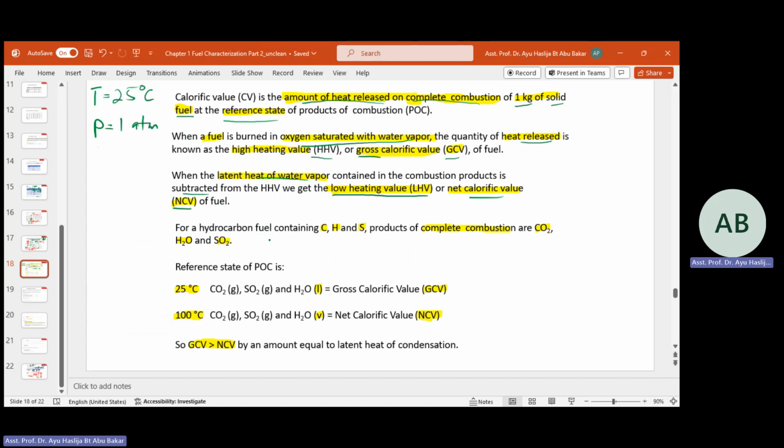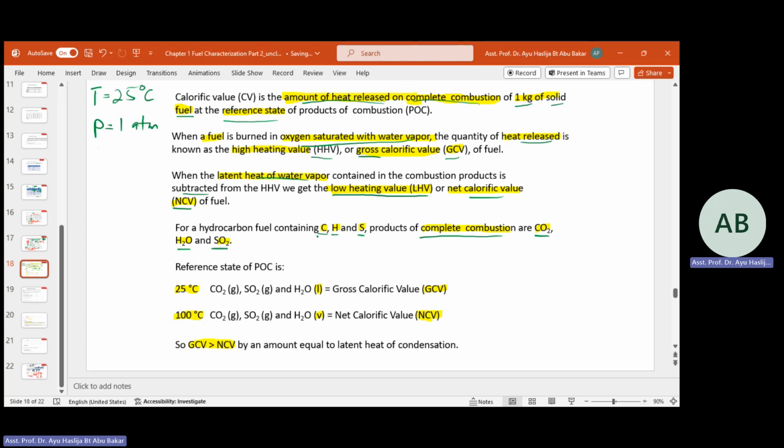So for a hydrocarbon fuel containing C, H, and S, the products of complete combustion are CO2, H2O, and SO2.